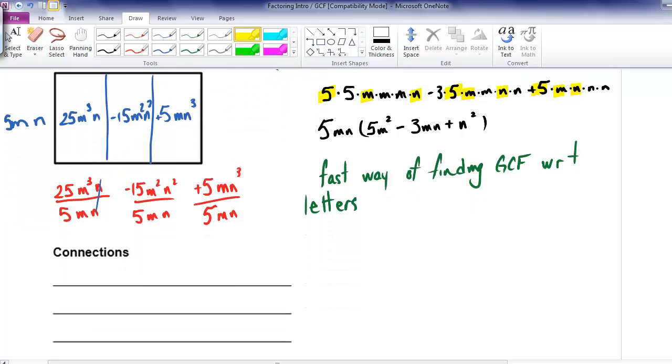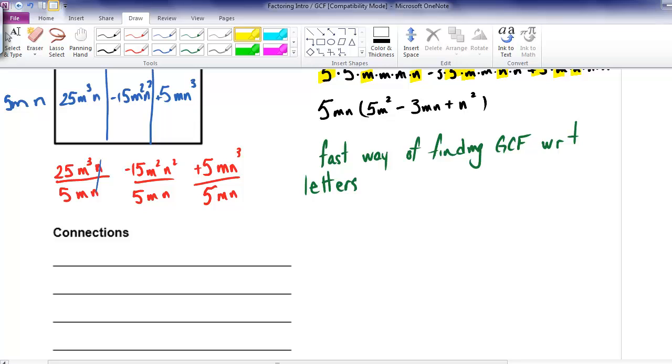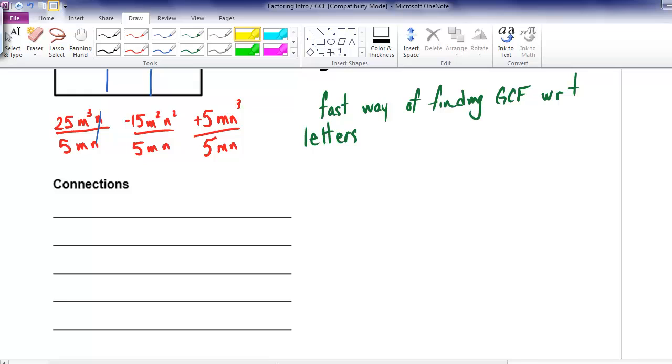Okay. In class, we're going to do a whole bunch of examples, because that's what we're going to need to do. But I'm hoping that you're seeing that the rectangles are intuitively a bit nicer. Okay, so here's our connections then. What we just did today and what we did before.